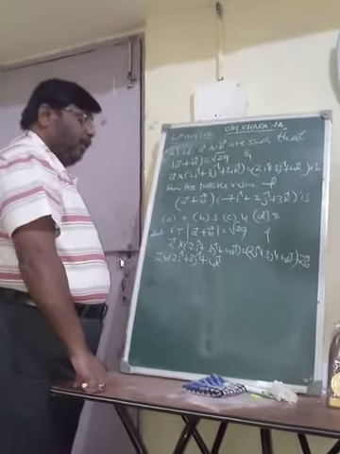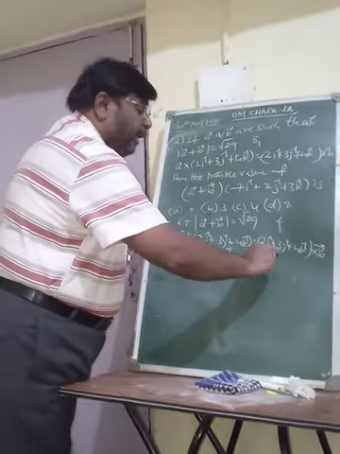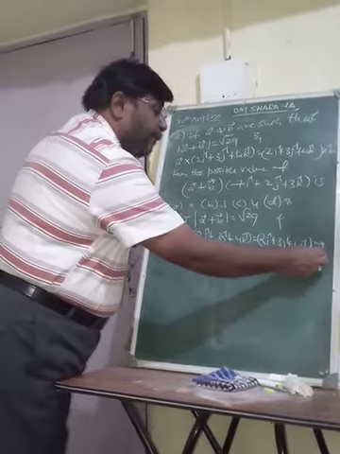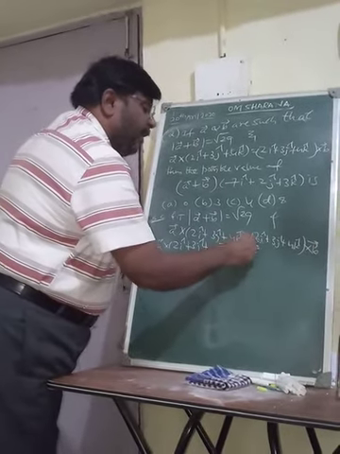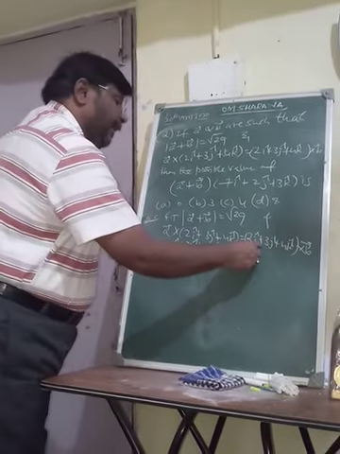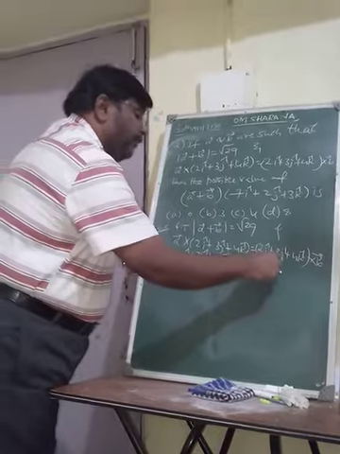A cross B is not equal to B cross A, but A cross B equals minus B cross A. If we interchange the vectors, so that B comes first, B cross of 2i plus 3j plus 4k, it is minus of B cross of 2i plus 3j plus 4k.